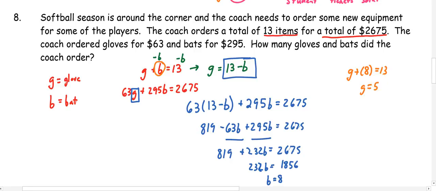So remember, when we write our ordered pair, we're doing alphabetical order, so we have 8, 5, and we also have to say what this means. So the coach ordered 8 bats and 5 gloves.